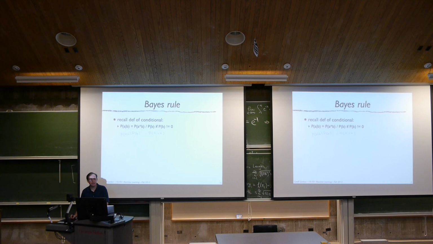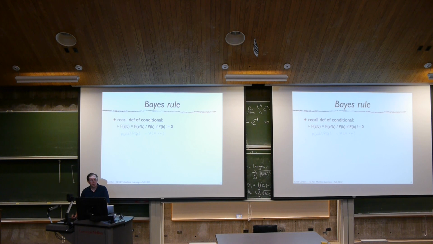I don't actually even have to write this little codicil here, because if the probability of B is 0, then the left-hand side is 0, and the right-hand side is 0 because the probability of A and B can only be smaller than the probability of B. And so I can just get rid of this. For that reason, some people take this as the definition of a conditional probability.